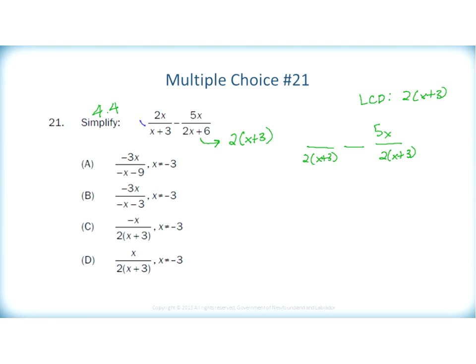So we must have multiplied this by 2, so we must multiply our numerator by 2 as well. So that will give us 4x. And here we have 4x subtract 5x will give us negative x over 2 outside of x plus 3. They all have the same non-permissible values, and so we can just say that our answer would be C.